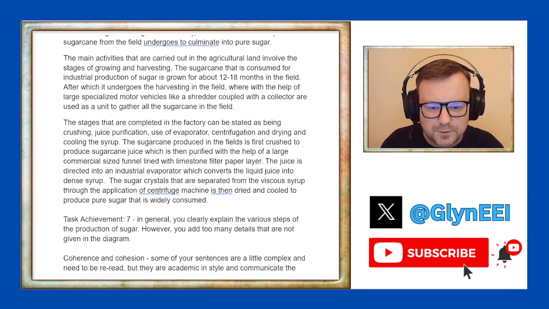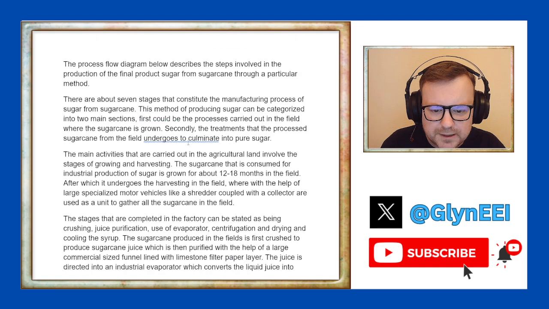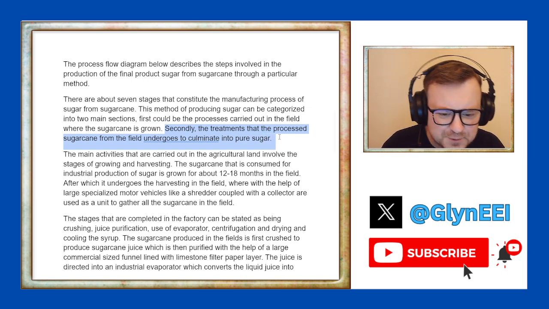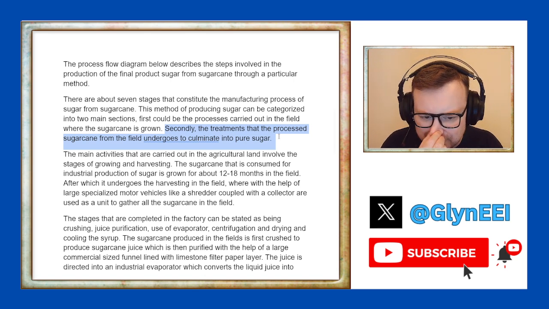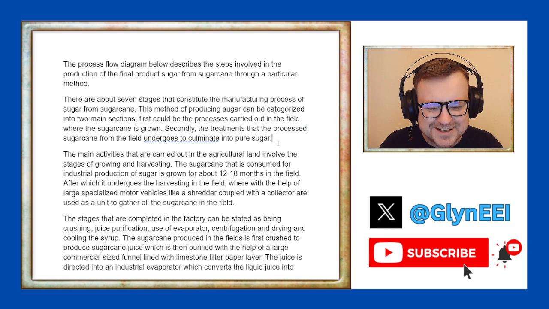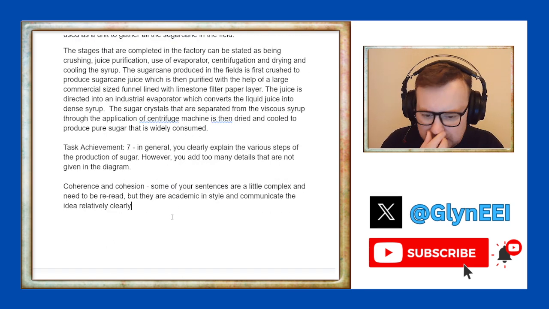So some examples of that, for example, if I'm going back to this sentence, right? Secondly, the treatments that the processed sugarcane from the field undergoes to culminate into pure sugar. It requires a little bit of rereading, which is okay. It's academic, it's fine.